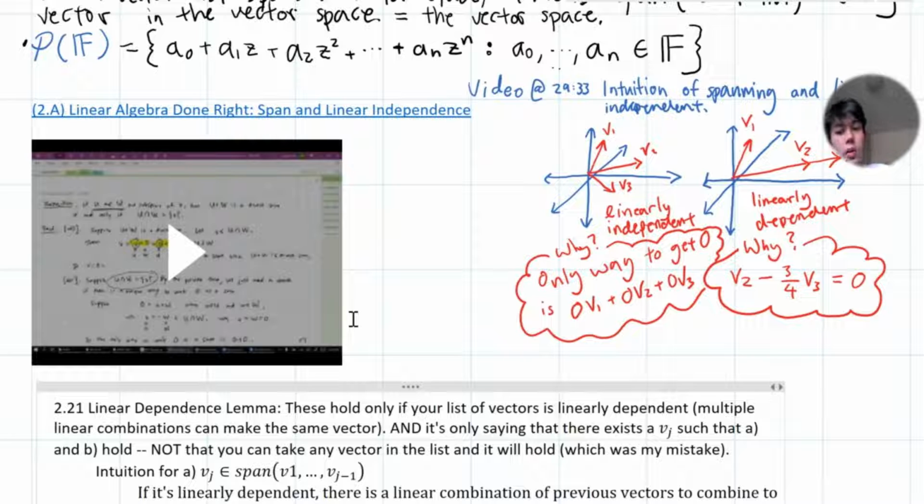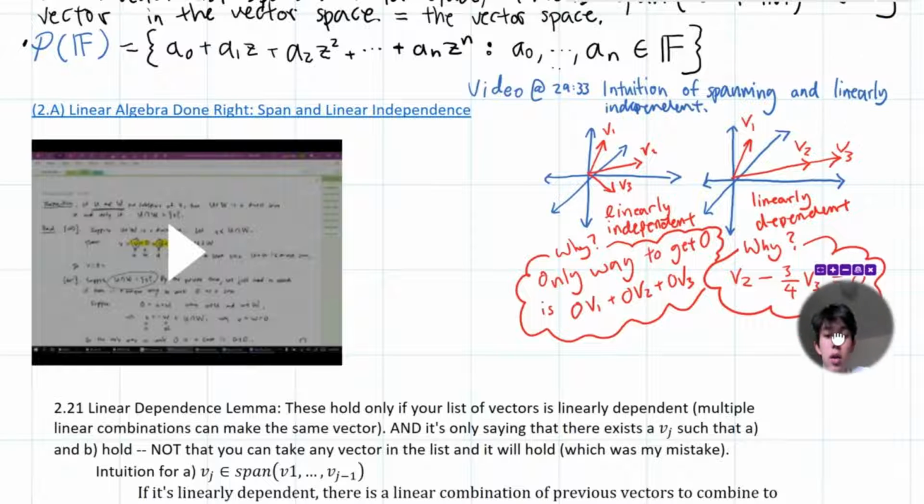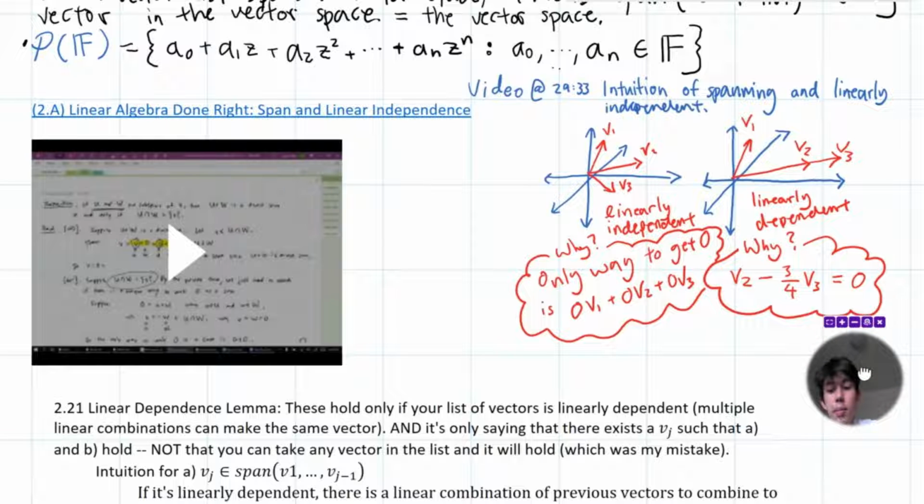And here, at 29 minutes and 33 seconds, he talks about the intuition of spanning and linear independence, what they actually mean. So you got the basic idea of spanning.